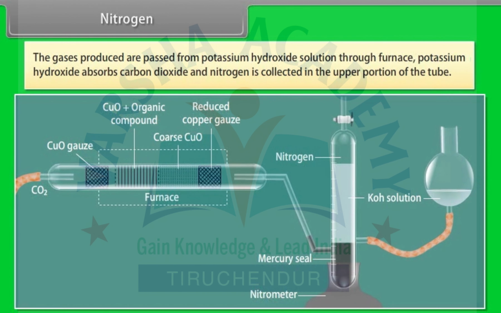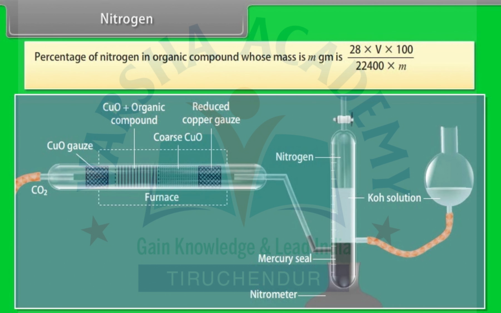The gases produced are passed through potassium hydroxide solution. Potassium hydroxide absorbs carbon dioxide and nitrogen is collected in the upper portion of the tube. Percentage of nitrogen in an organic compound whose mass is m grams is 28 into V into 100 divided by 22,400 into m, where V is the volume of nitrogen at STP.